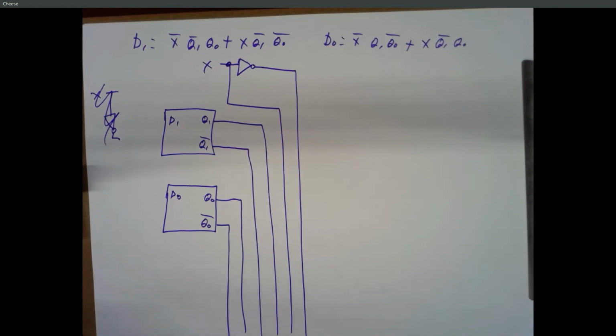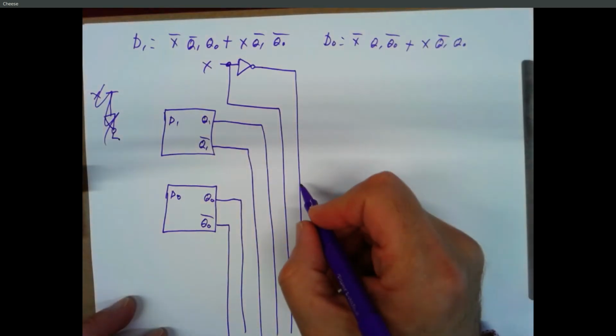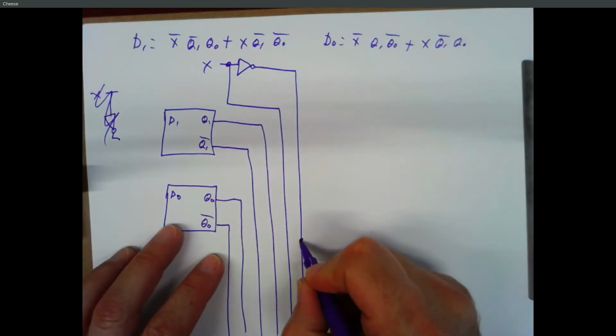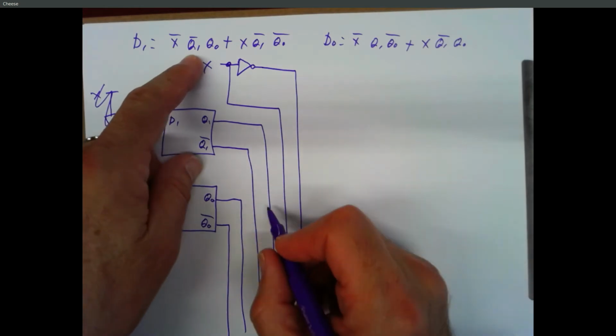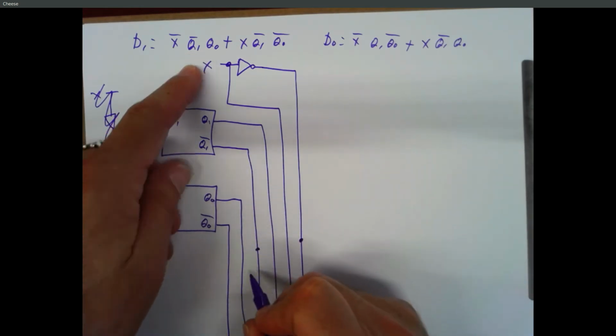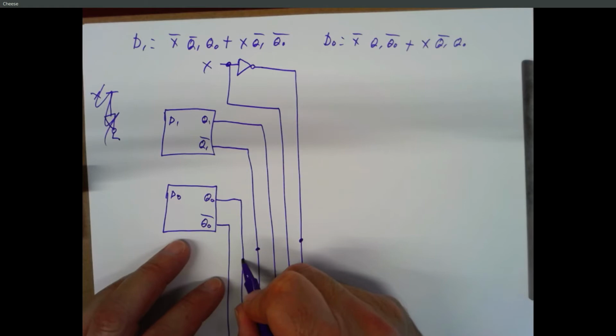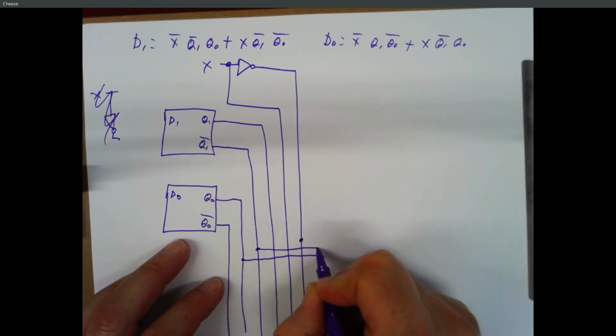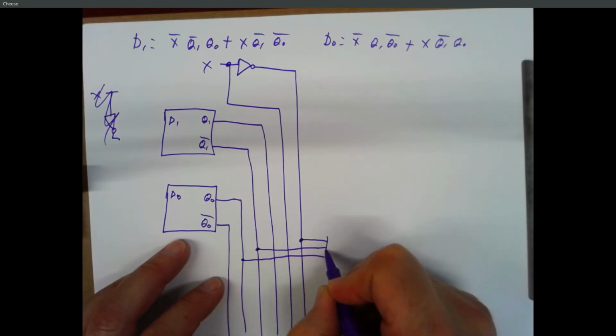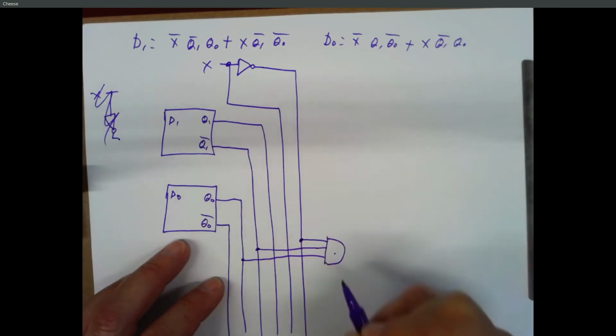Alright, so now you've got to make your combinational logic. So we want to take X bar and Q1 bar and Q0 and AND those together.